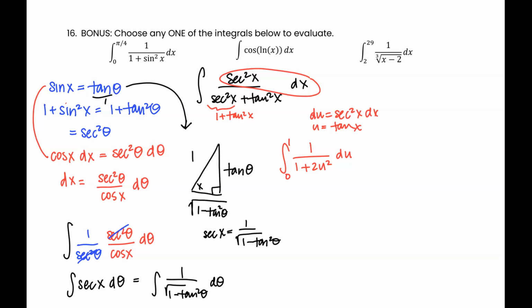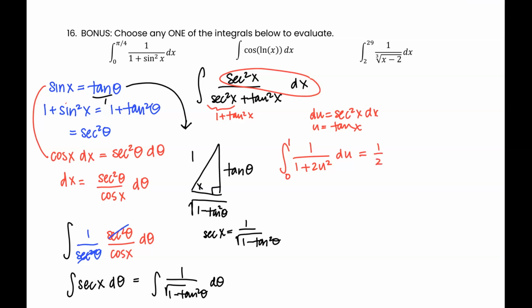I don't like where the u is. I feel like I've gotten it somewhere good, and now my brain is broken. Oh, that's just arctan. The whole thing I was trying to get back to, some arctan. Okay, I don't like the 2, so I'm going to pull out the 1/2.